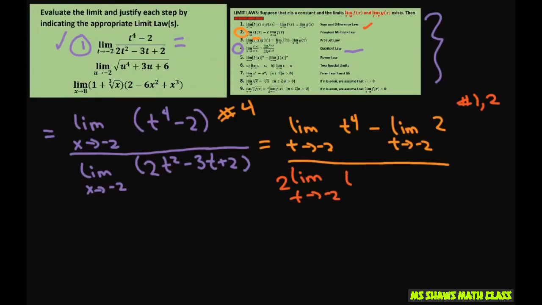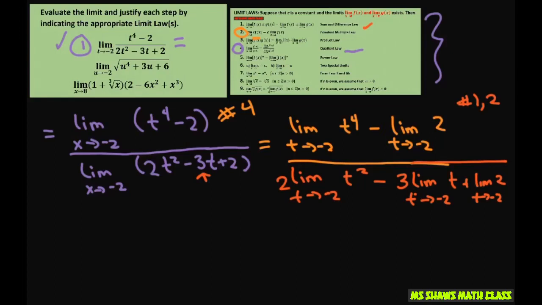So this would be t squared minus, I'm going to do the same thing with this. I'm going to pull the 3 out and then do the limit as t approaches negative 2 of t plus the limit as t approaches negative 2 of 2.